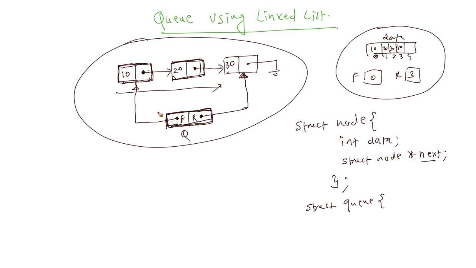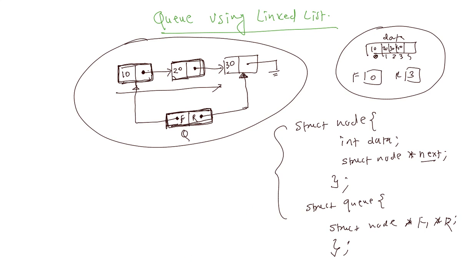F is pointing to a node, that is struct node. That's why F's type is struct node. R is also pointing to a node. That's why the type of R is also struct node. So struct node star F comma star R. So these two structures we'll be using to implement queue using linked list.